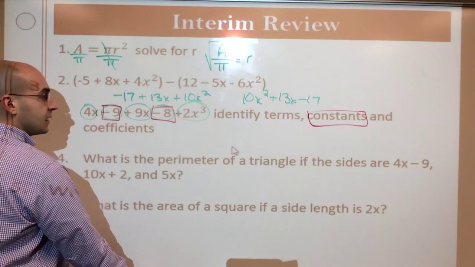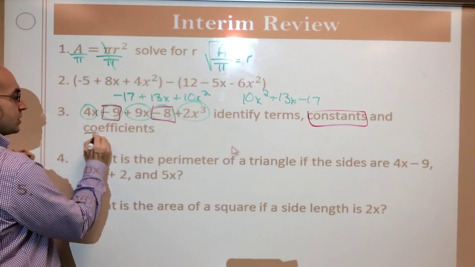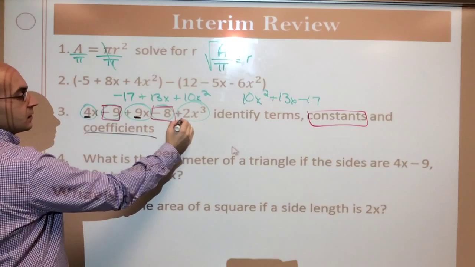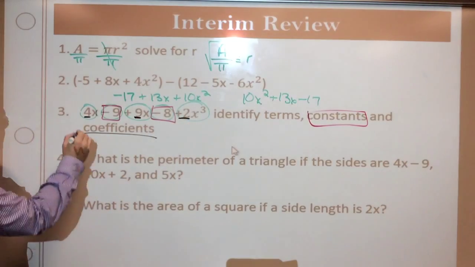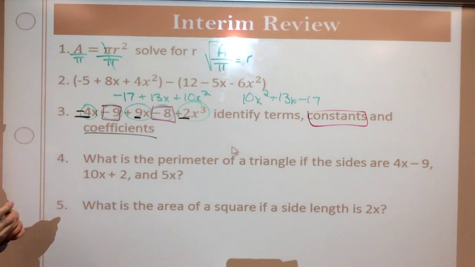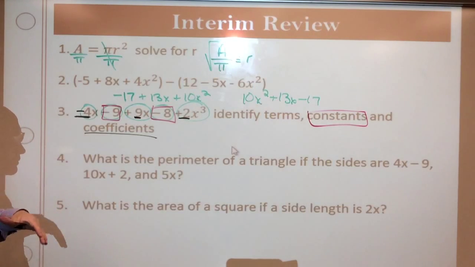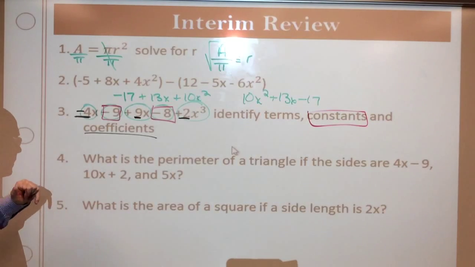And the last thing is the coefficient, which we'll underline. Coefficient is just the number in front of the variable. If that was a negative 4x, the coefficient would be negative 4. So it's terminology that you'll have to know for sure, and we did talk about that in I think the first or second week of school.